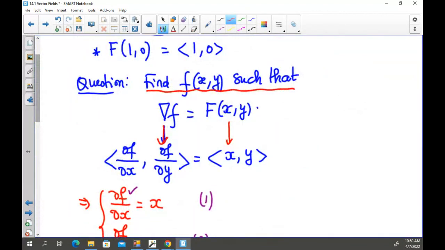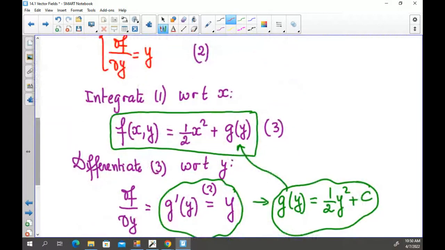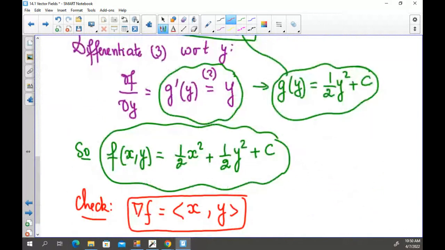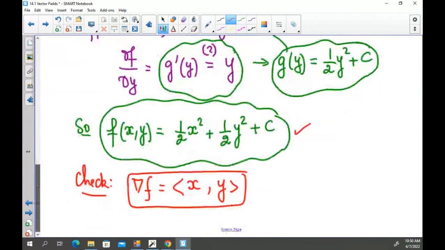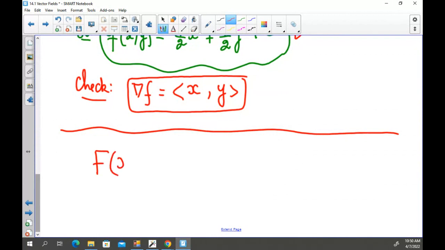So find the function so that the gradient is (x, y). Well, we found it. It's half of x squared plus half of y squared plus a constant c. So the question we are solving is, I give you a vector field. What are we looking for?